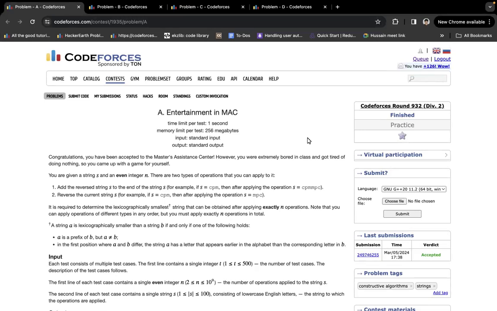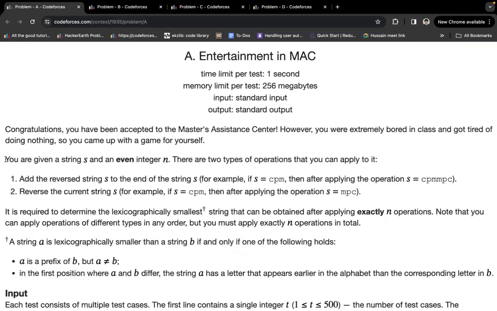Problem A, Entertainment in MAC. What does the problem say? You are given a string s and an even integer n. There are two types of operations that you can apply to it. Add the reverse of string s to the end of the string s. So if it is CPM, then it becomes CPM MPC.